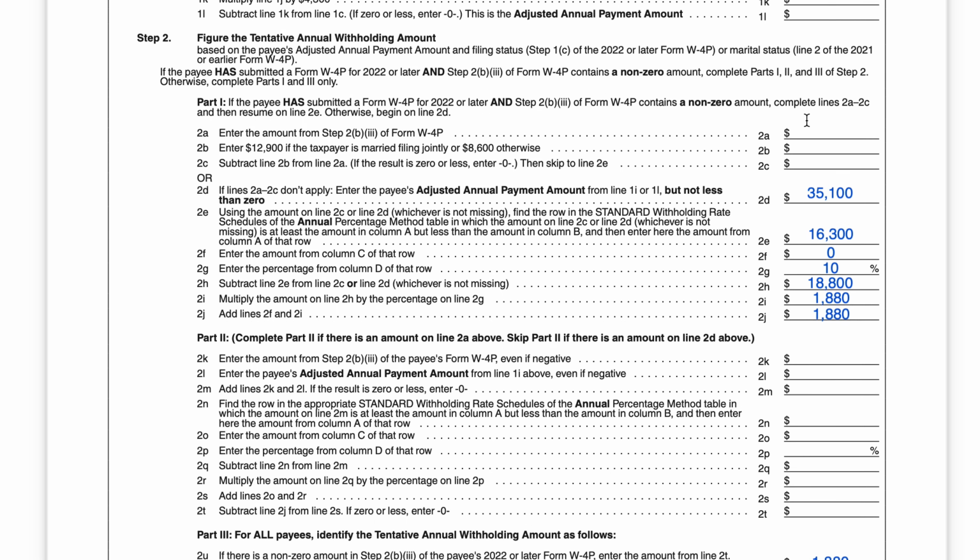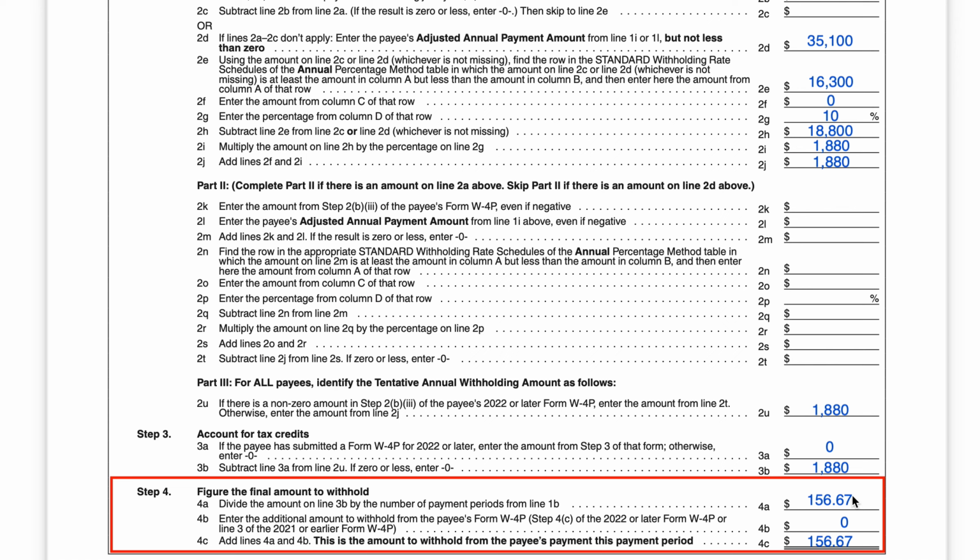So if you did enter that extra $50, that $50 per pay period is maybe what you expected if you were receiving monthly payments. In the back of most people's mind, $50 per month equates to $50 per pay period if you're receiving a monthly pension. But if you receive your pension amount or annuity amount twice a month or every 2 weeks, then that number will be applied every time you get paid.